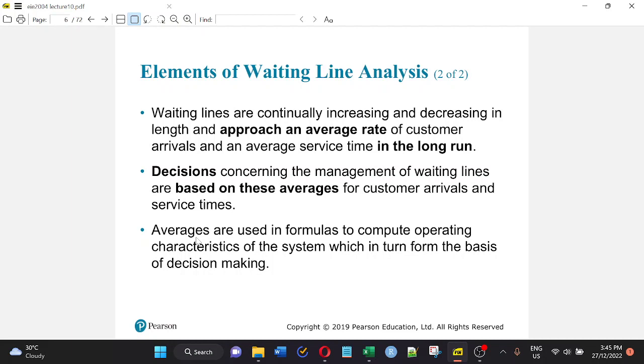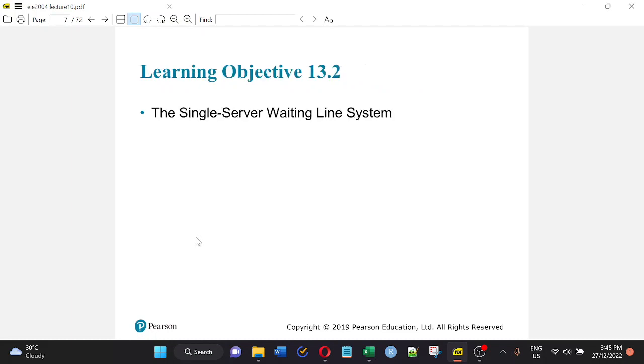These averages are used in formulas to compute the operating characteristics of the system, which in turn form the basis for decision making. Right, so now let's talk about the single server waiting line system.